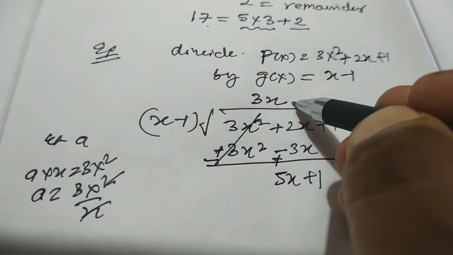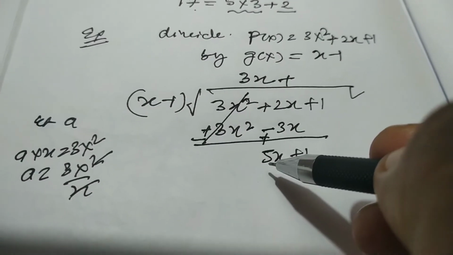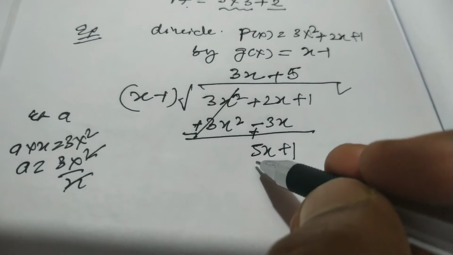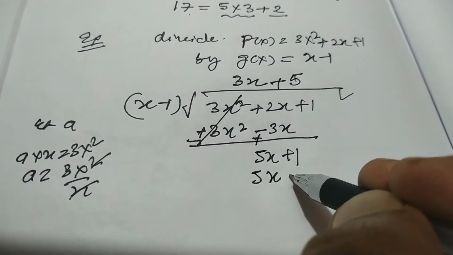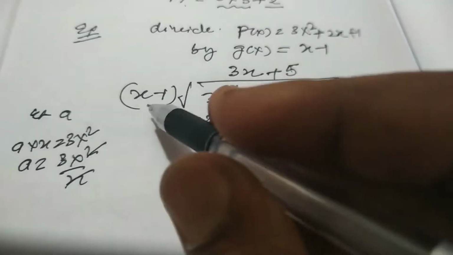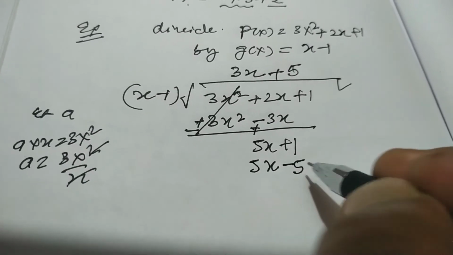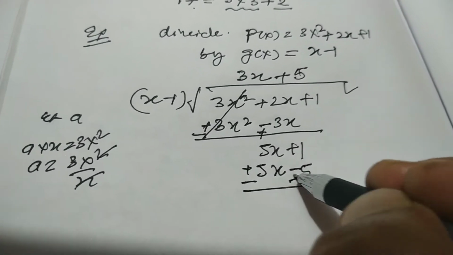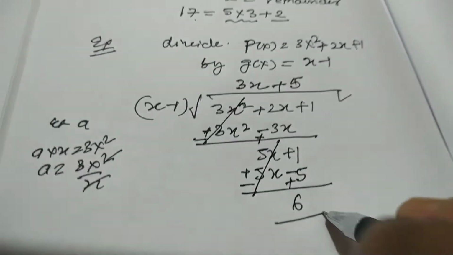Now what should I write here? Plus 5, so 5 into x is 5x, and 5 into minus 1 is minus 5. Subtracting, plus 1 plus 5 cancels out to give 6.